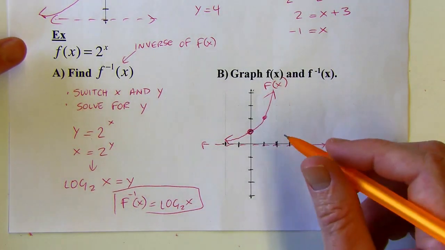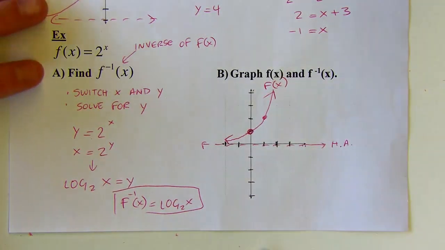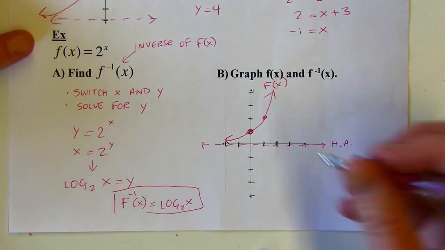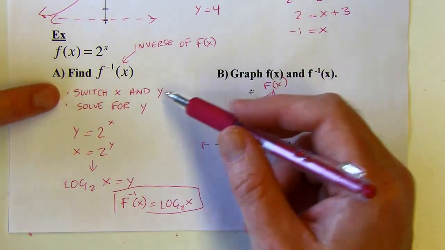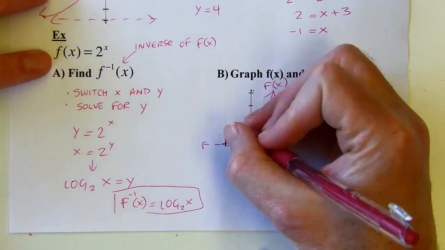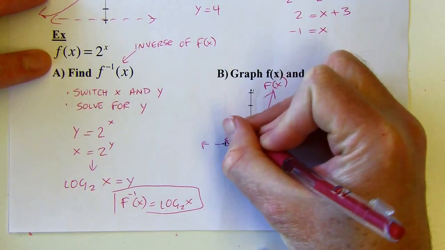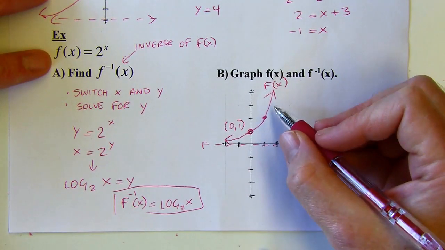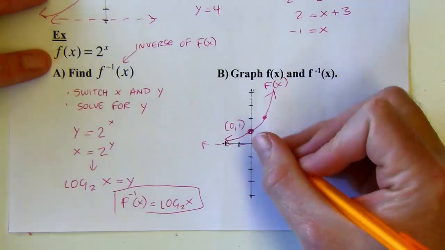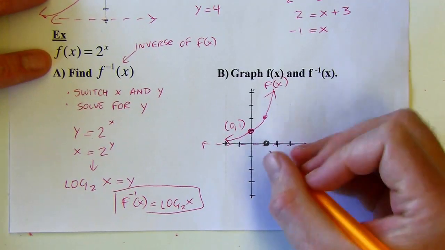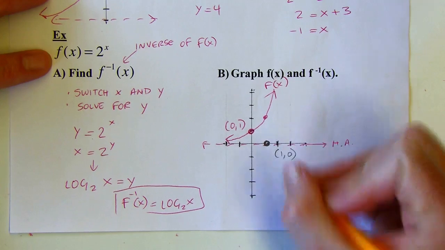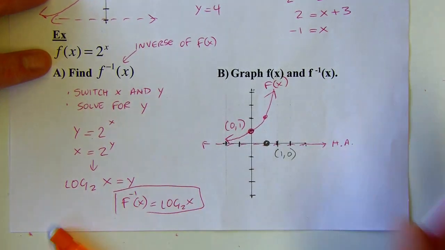When you graph the inverse of something, you're just going to switch the x and y's, okay? So, for example, 0, 1 was on f of x, so that means 1, 0 is going to be on its inverse, okay? And let's see, I've got this other point here.